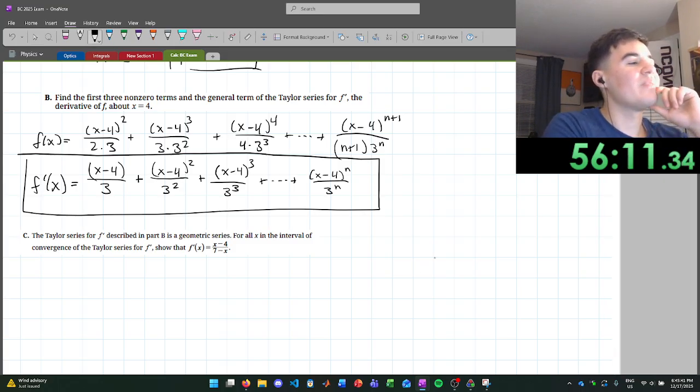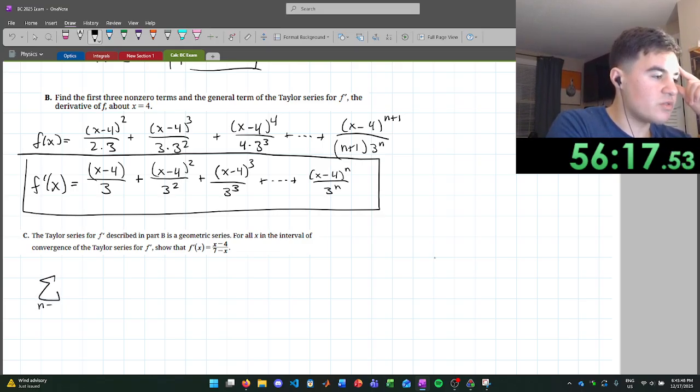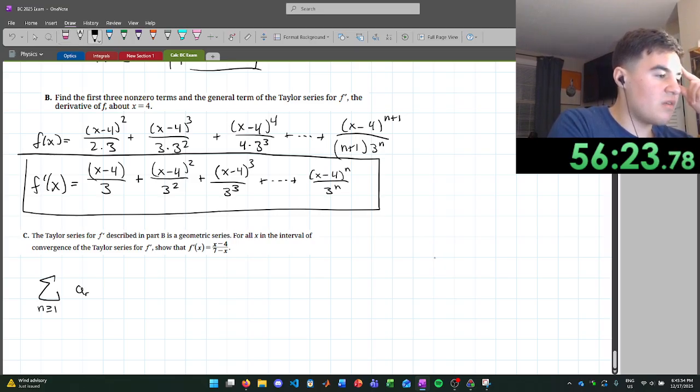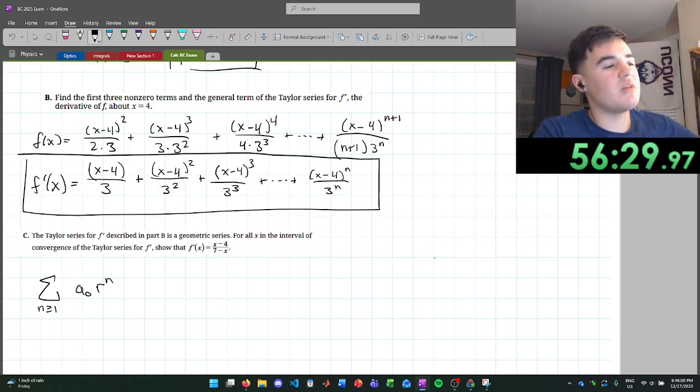Huh. Okay. Geometric series, well, if you add up an infinite number of terms of a geometric series, of the form n greater than or equal to 1, it's going to be a of 0 times r to the n, just adding up some term, some term, some term.